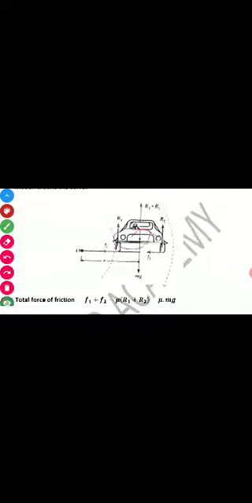So students, from here, what is R1 plus R2? Basically, what is the reaction here? Let me tell you. The car has some mass, so it has some weight, and the weight is mg, which always acts downward, in the direction opposite to the reaction.